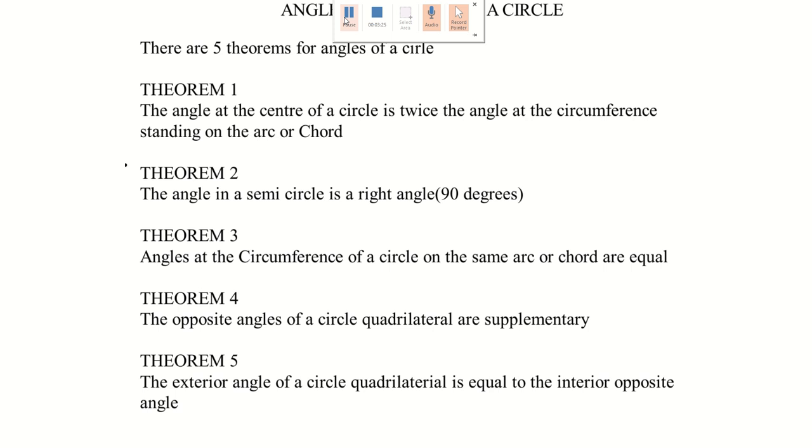And then theorem 5, the exterior angle of a cyclic quadrilateral is equal to the interior opposite angle.